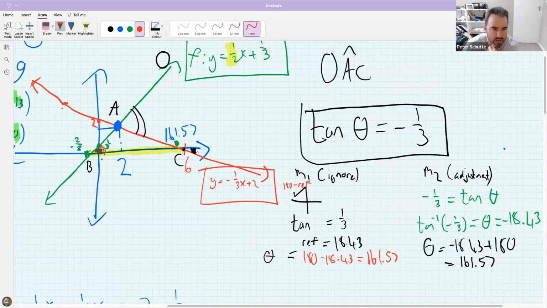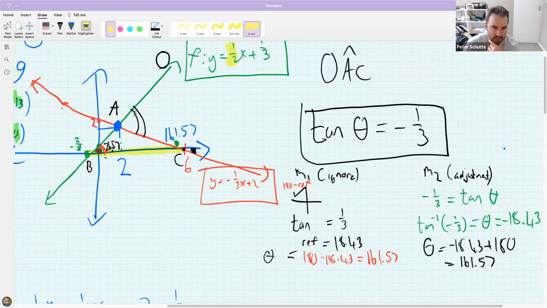Can anyone remember? What was the angle that we worked out over here? 26.57. Okay. Now, I'll even get rid of this little bit here. So this angle is 26.57.